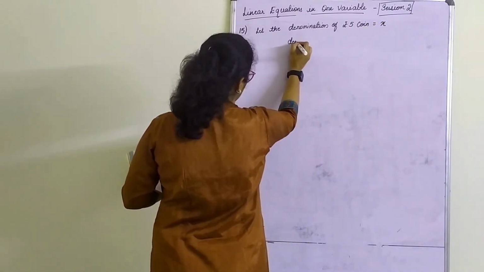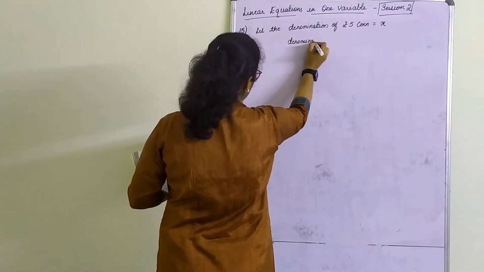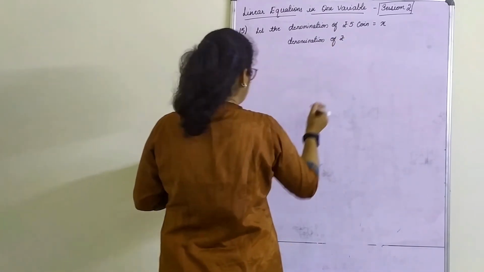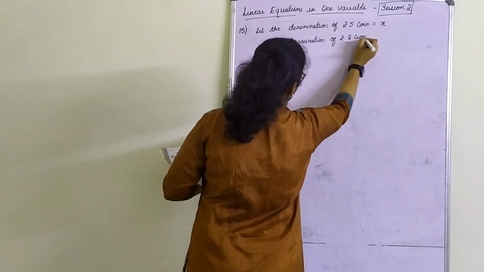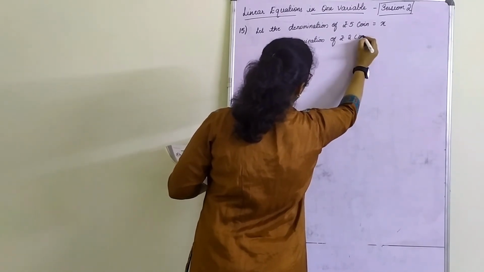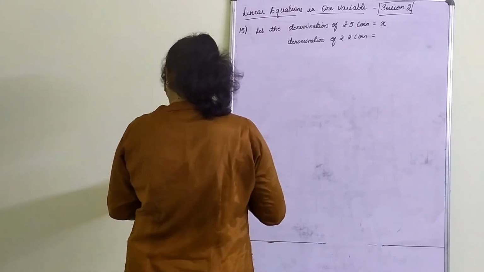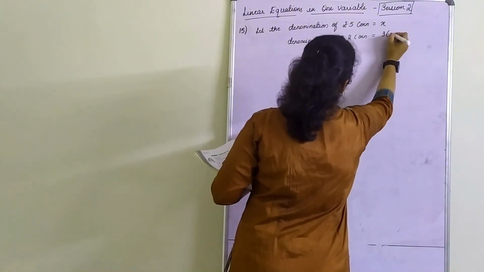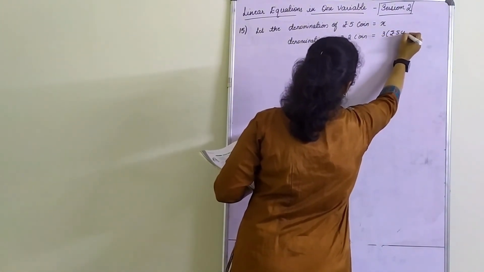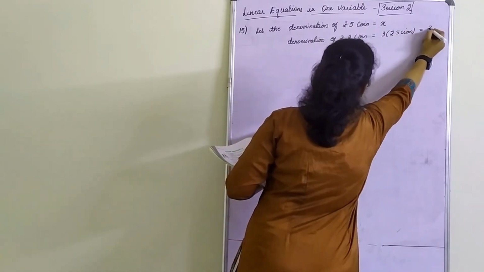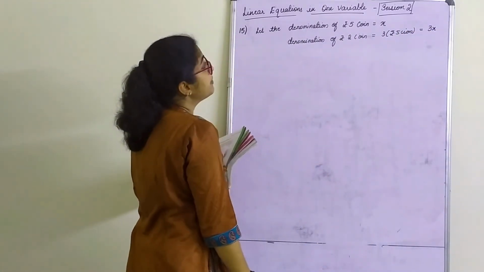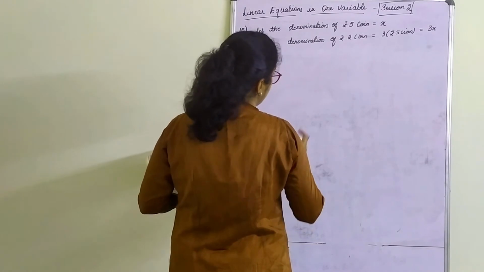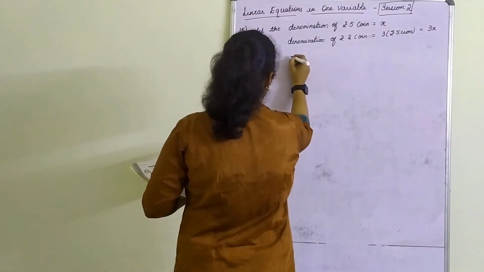Then the number of rupees 2 coins, according to what they have given, is 3 times the 5 rupee coins, which is nothing but 3x. So the number of 5 rupee coins is x, which means 2 rupee coins are 3 times of 5 rupee coins, 3x. Then now we need to find the number of 1 rupee coins, which is not given.